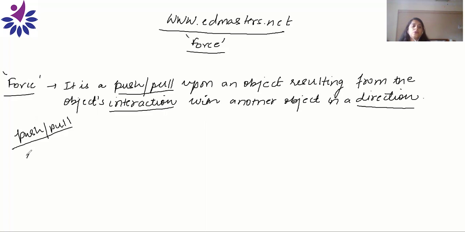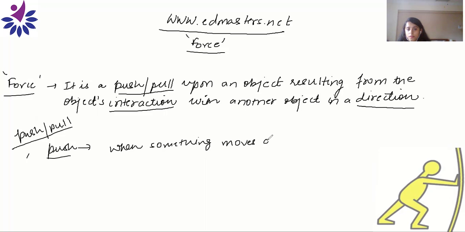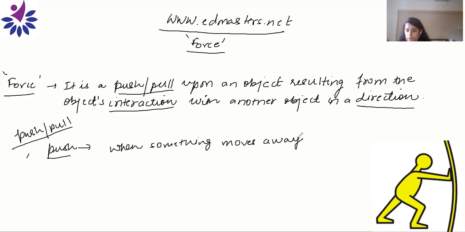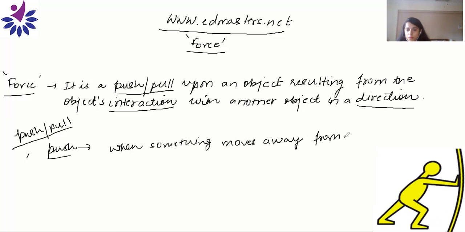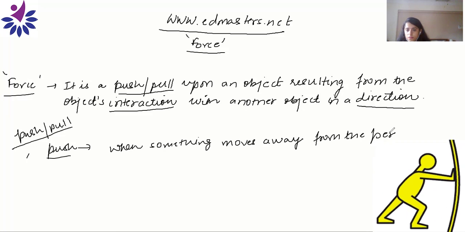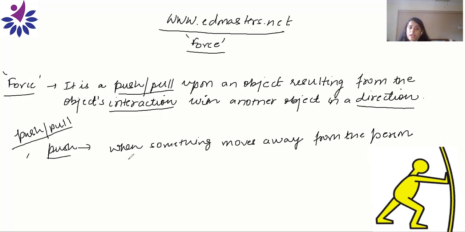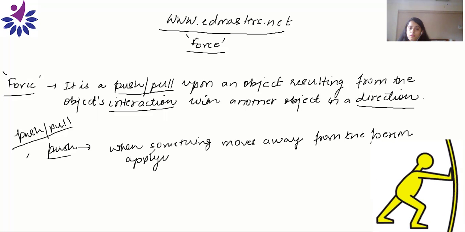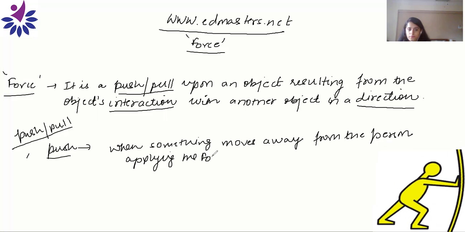So let's start. What is a push or a pull? If I have to share a very simple definition, push is when something, that something can be anything, it can be an object, moves away from the person applying the force.